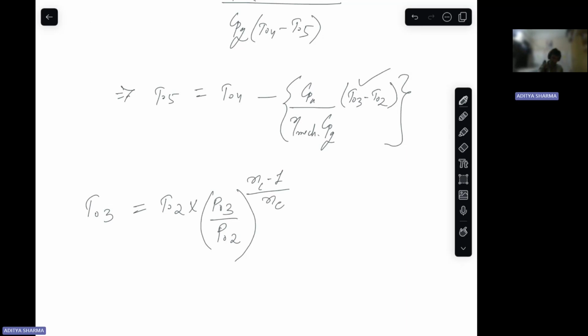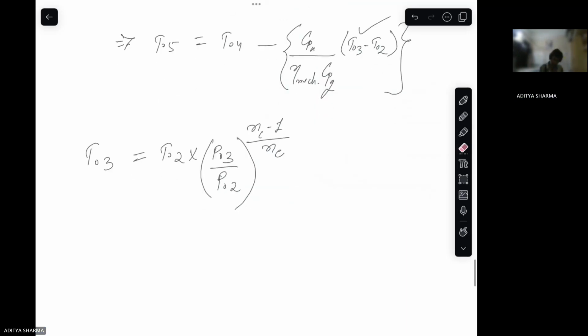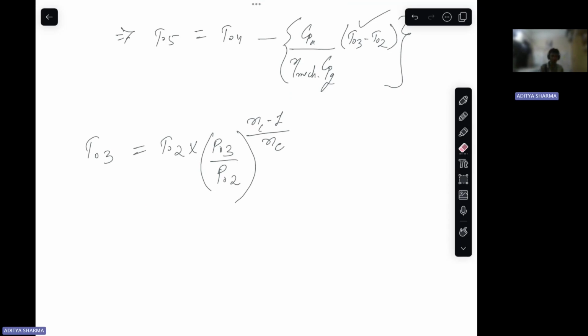Okay, NC minus 1 by NC we have calculated. But P03 by P02 we do not have at present, so we will just calculate it first of all.